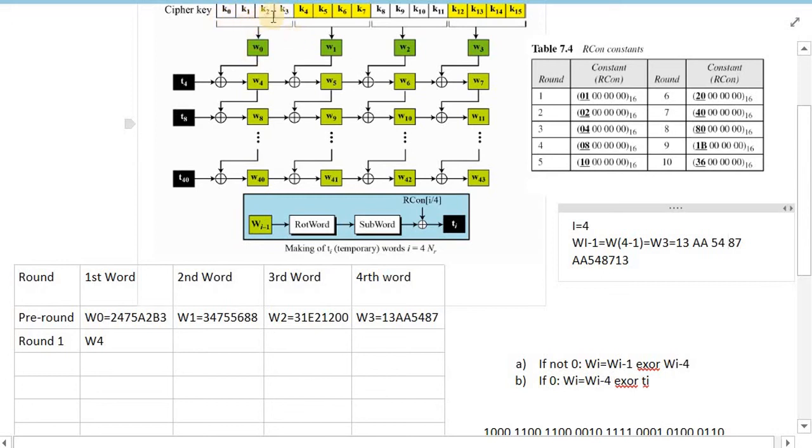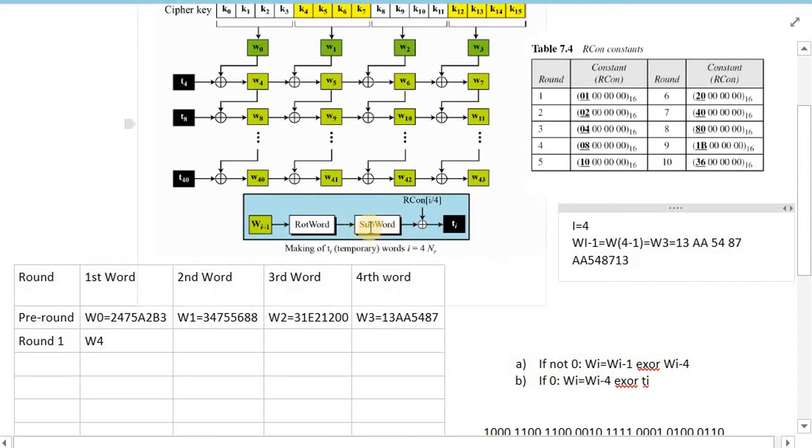That's why we have to perform byte level shifting. So AA 54 87 13 is the answer after performing the shifting.